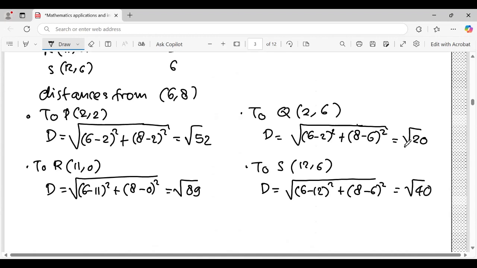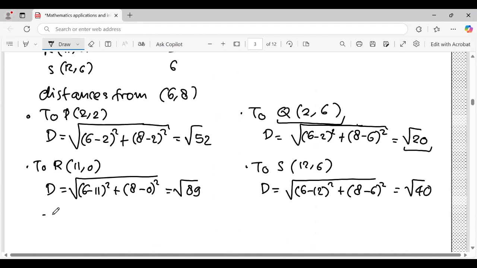Look, square root 20 is the smallest. So the smallest distance from (6, 8) is to Q.